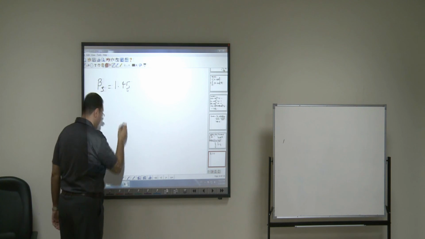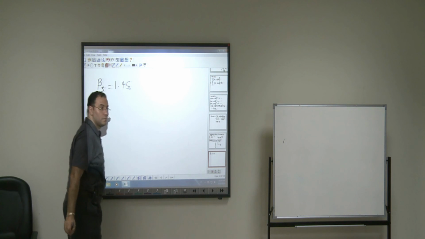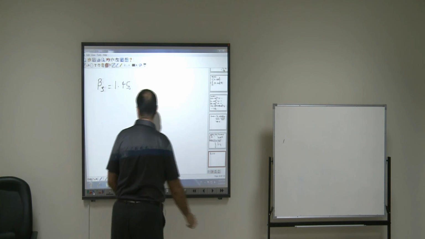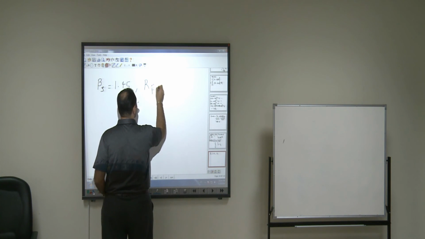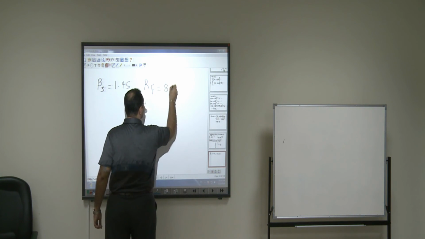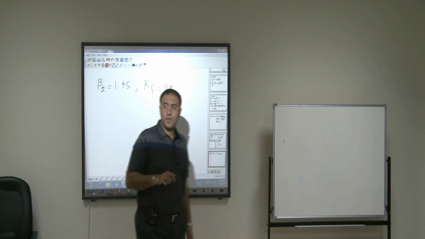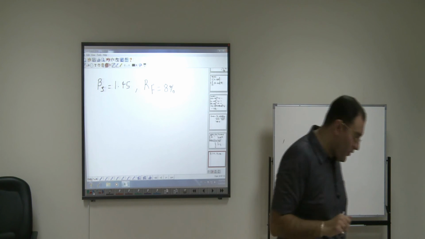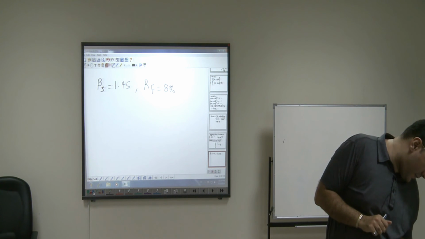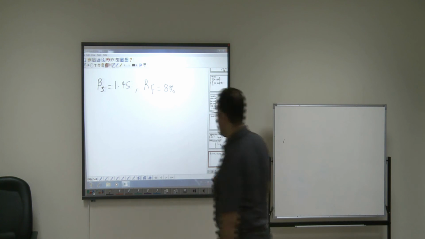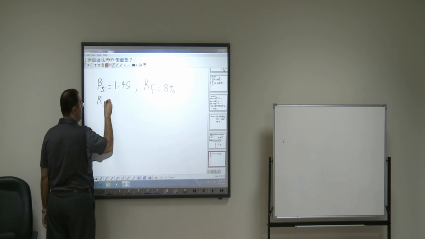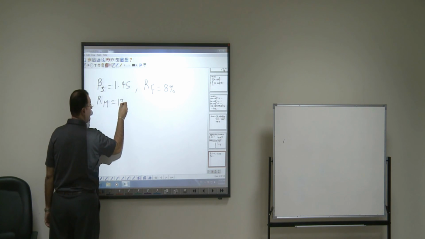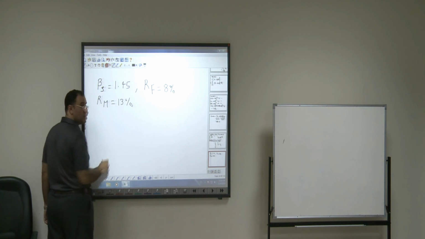What else? The risk-free rate, RF, is 8%. The expected return on the market portfolio, RM, is 13%. RM is 13%, right?